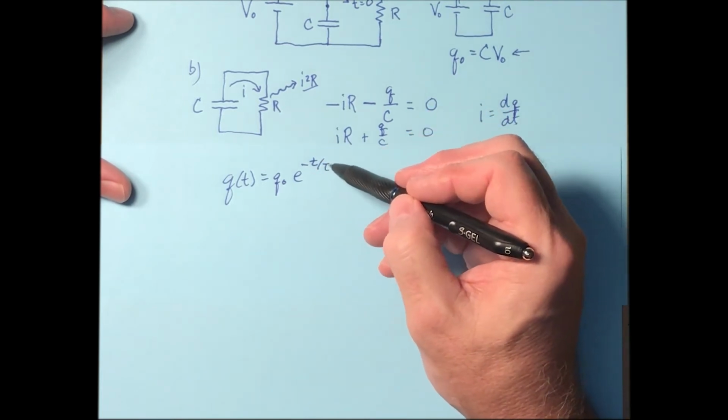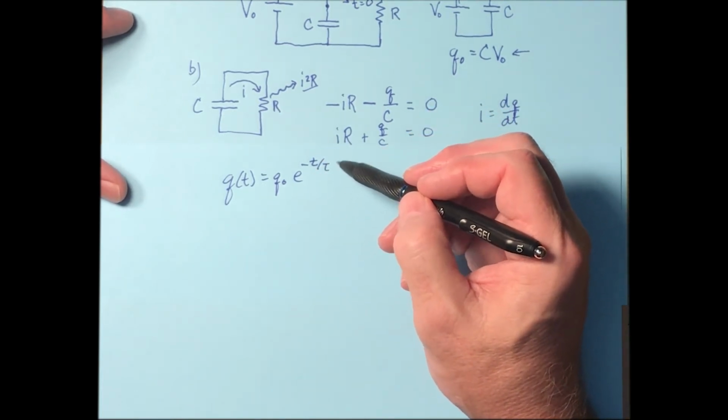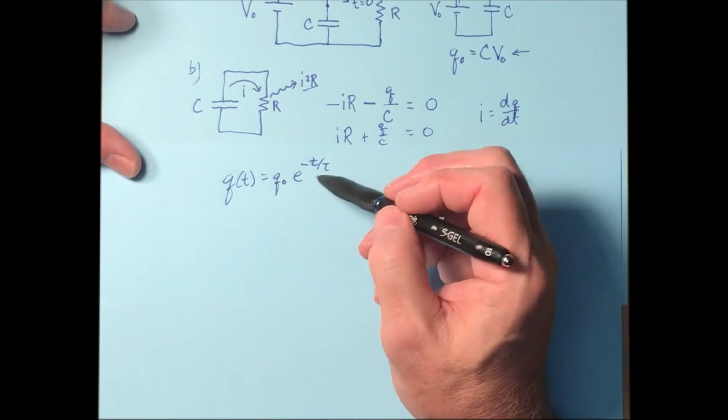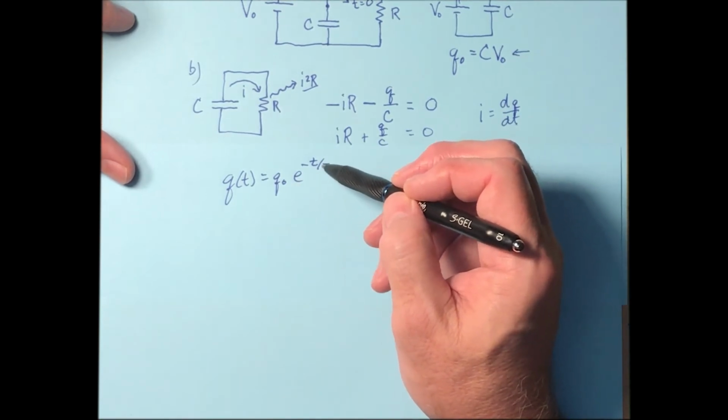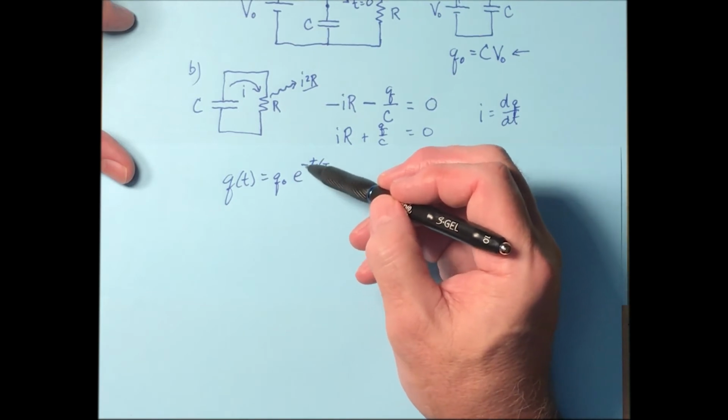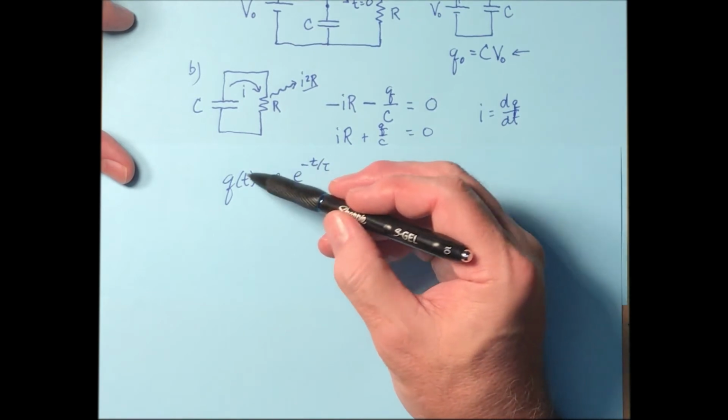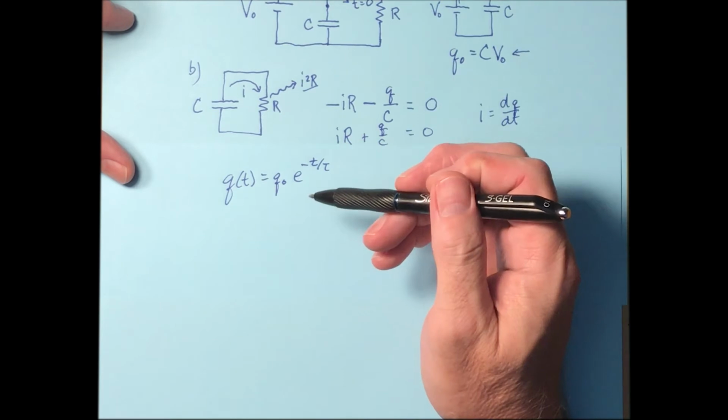The tau is RC that determines how quickly it decays. So after a long period of time, meaning when t goes to infinity, the exponential becomes 0 here, so the charge is 0 across the capacitor.